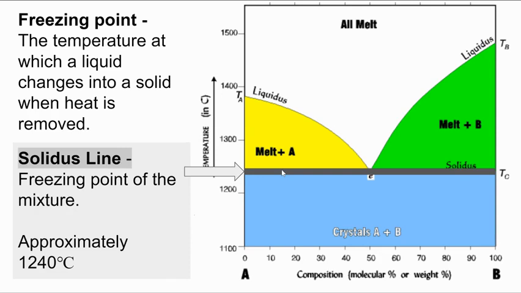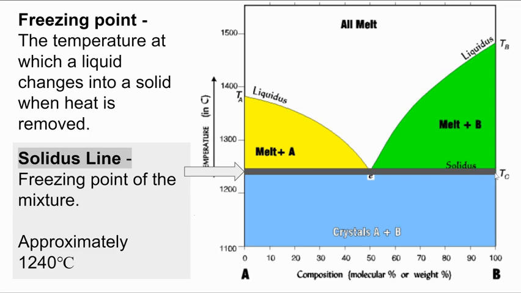And the solidus line shows the freezing point temperature, the temperature at which a liquid changes into a solid when heat is removed. So the solidus line is the freezing point temperature. This is when your mixture or your alloy completely freezes and solidifies, turns into a solid. And so on this graph, that temperature is approximately 1,240 degrees Celsius. If you're like, wait a minute, did she just say 1,240 degrees Celsius? I did.